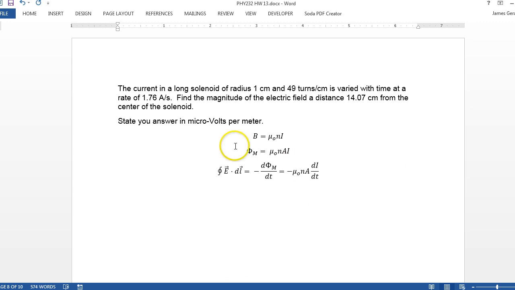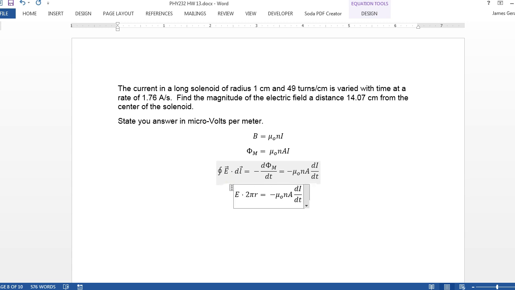It's all going around the solenoid, all due to the symmetry of the problem. We can rewrite this integral as simply E times 2 pi r, where r is how far away from the middle of the solenoid we are, all right? And so that equals mu naught n A dI dt, all right?